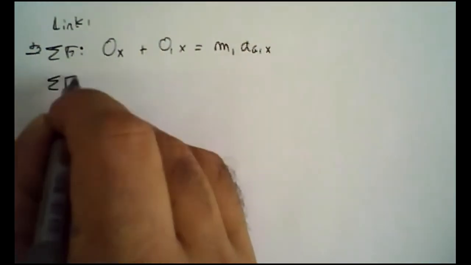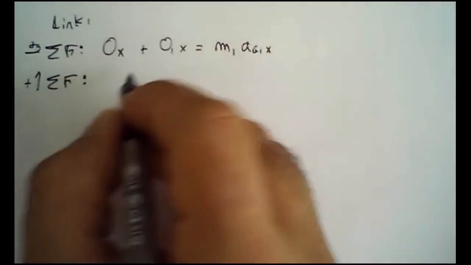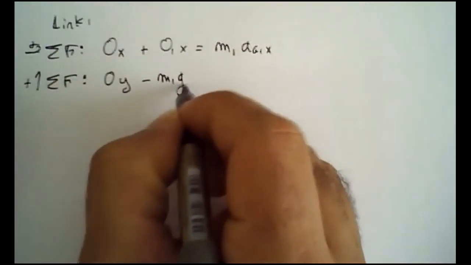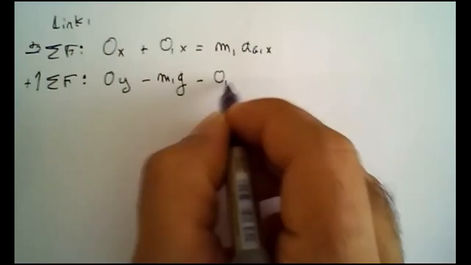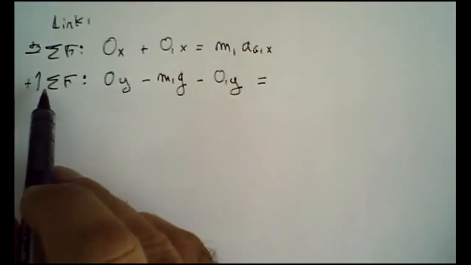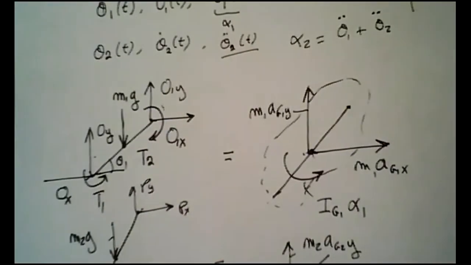Then you sum the forces in the y direction, and you get OY minus M1G minus O1Y. Because I'm summing the forces in the vertical direction, whatever you do on the left figure, you also must do on the right figure.